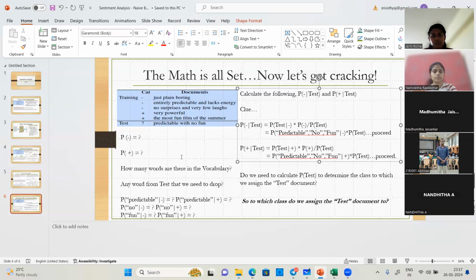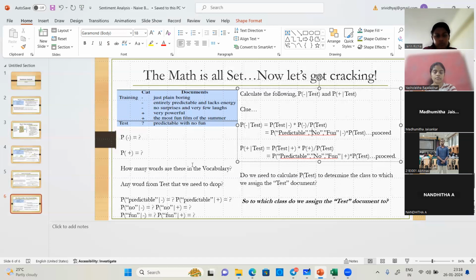Predictable, no fun. Okay, what happened to with? With might be frequent. With might occur in other documents too. Is that the reason why we neglect with? So remember, for every feature, what are we going to do? We're going to determine the probability of feature given the sentiment, correct?